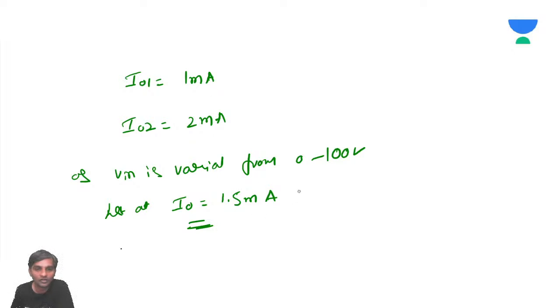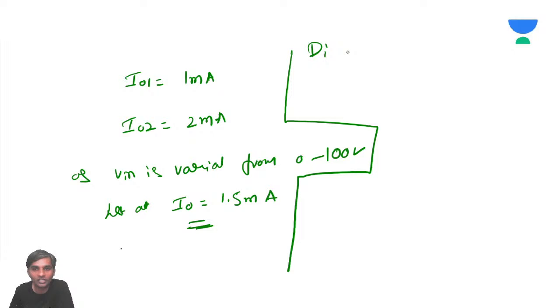So now what happens, sir? The diode D1 is broken down. When diode D1 breaks down, what is its corresponding voltage? VZ is saying it is going to be 80 volts.